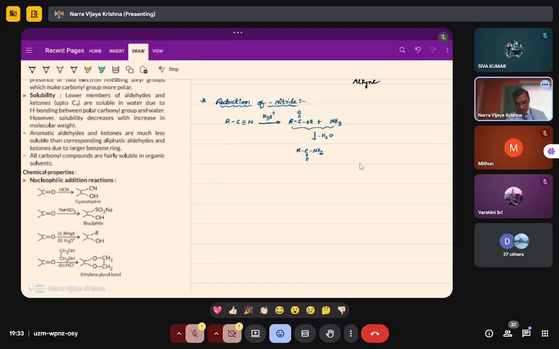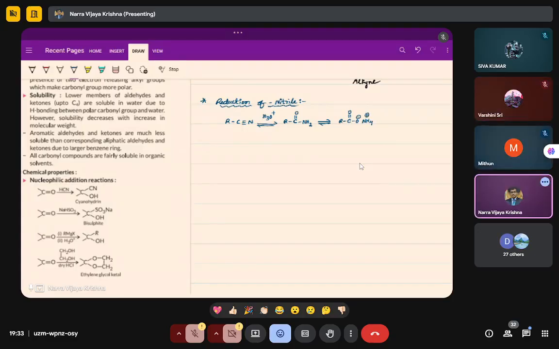That's why sometimes they write it like this: an equilibrium reaction to form amide, which undergoes further reaction to form ammonium acetate, which may further form acid and ammonia.